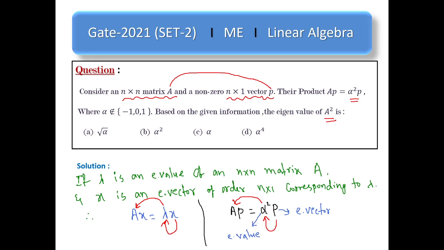Therefore alpha square is an eigenvalue of A. A into P is equal to alpha square into P, which means this alpha square is an eigenvalue of the matrix A.